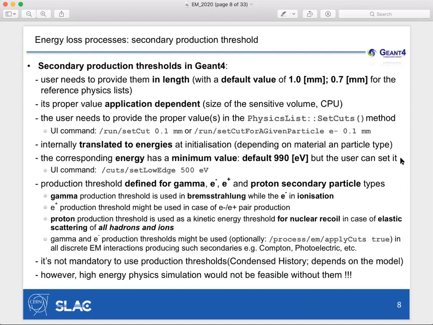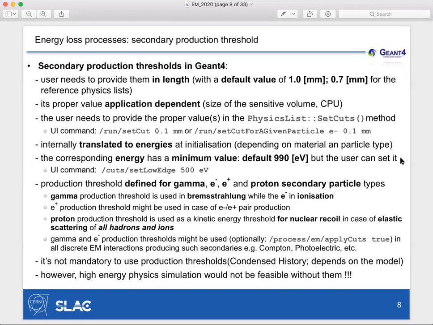Then you can set that value either in your physics list. I'm not sure if Vladimir was talking about the physics list, but one of the interface methods that the physics list provides is actually set cut, where you can do this. Or you can simply use a UI command, run set cut, and you give the value with the unit.